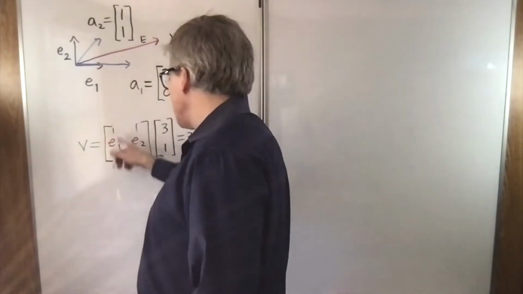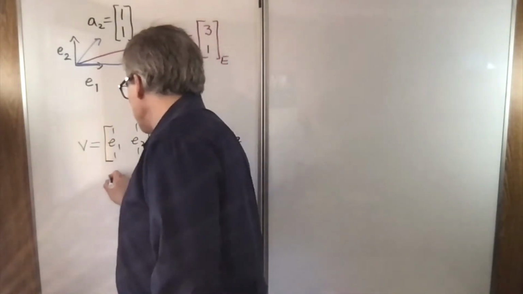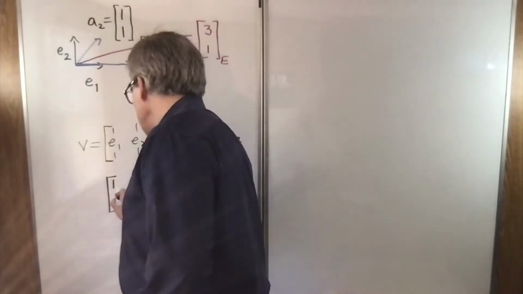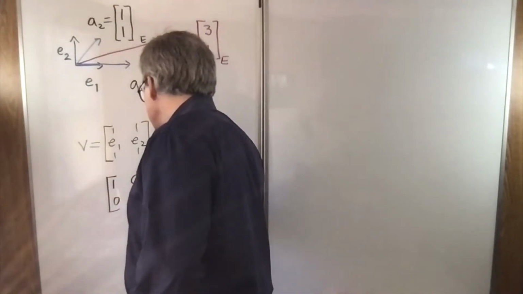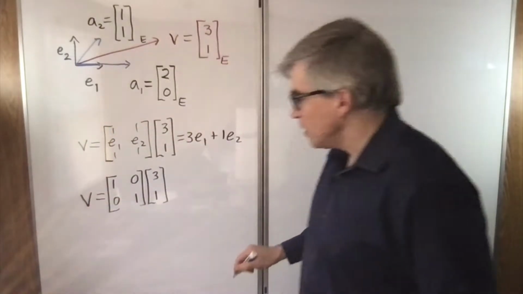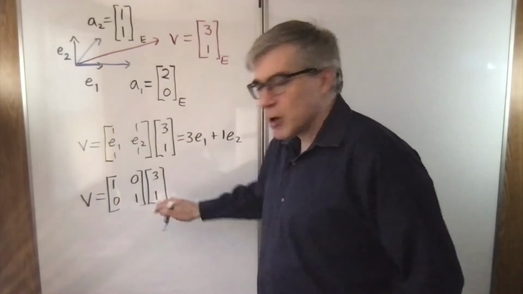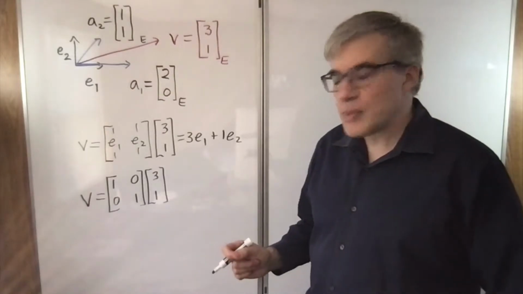Now, e1 is just (1, 0), e2 is (0, 1). So the reason we've been ignoring it most of the time is because it's the identity matrix. So that's vector v, the identity matrix times (3, 1) in the standard basis.